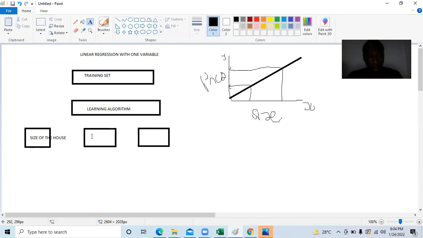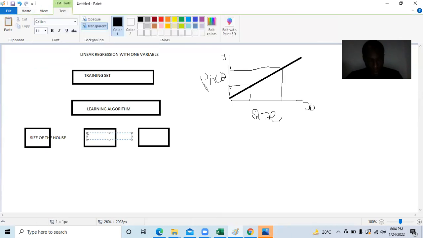This is the size of the house. Here we have h, which is the hypothesis. And here is the estimated price. This is the estimated price.